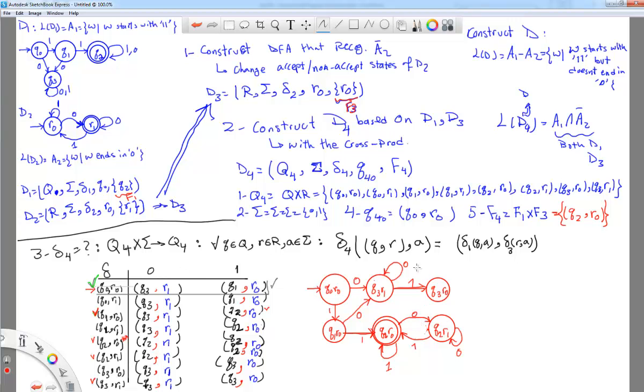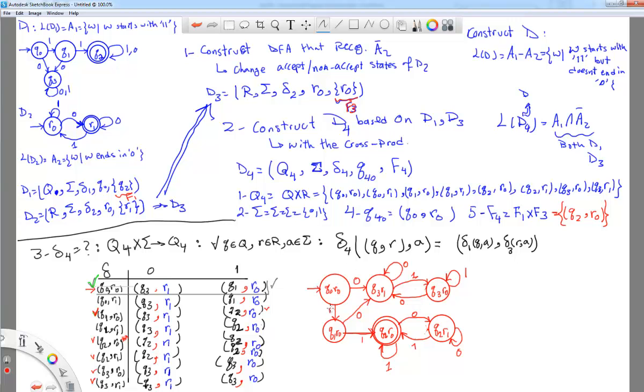Okay, and Q sub 3 R sub 0, with a 0, it's going to transition back into Q sub 3 R sub 1, and with a 1, it's going to stay where it was. Then I'm going to redraw this transition, kind of make it a little curved arrow.